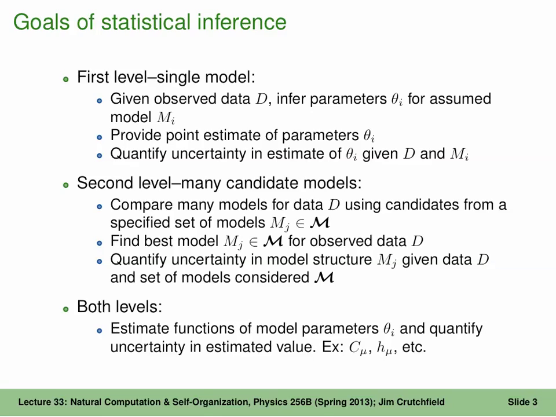And that will be for today, and then we'll go into comparing many models. Again it will be a single data set, but now we'll be considering a whole bunch of models from some set. The examples from Thursday will be topological epsilon machines with 1, 2, 3, 4, or 5 states. It turns out that those are around 38,000 topologies, and we'll be using this a lot. I'll describe that next time.